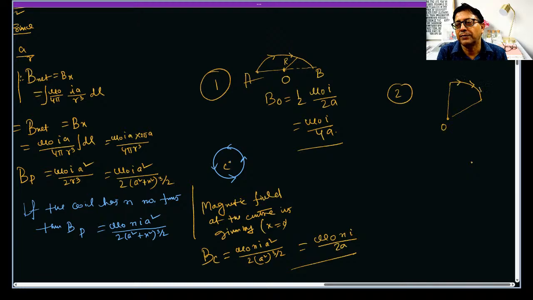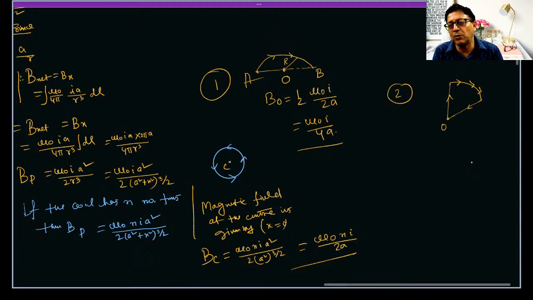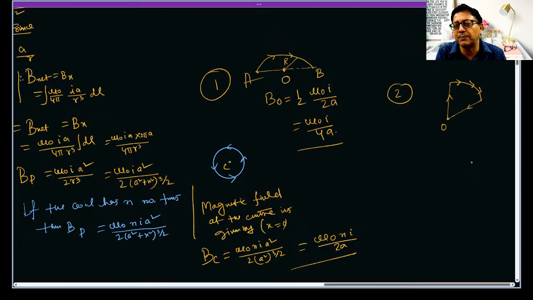Current going this way. Even you can assume that through straight path also current going, the magnetic field at O will be what? They don't have any contribution here, only due to this part. This angle is given theta. Radius is r. You tell me the expression for magnetic field at O.